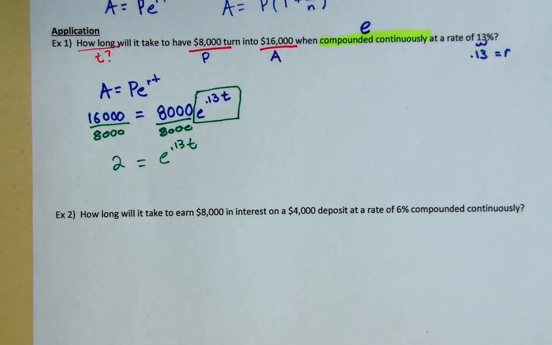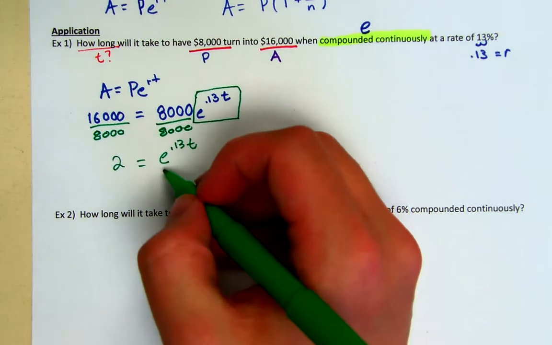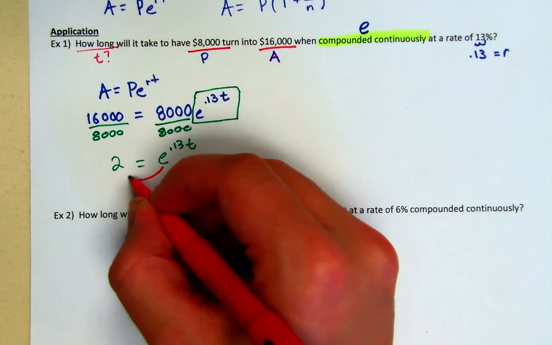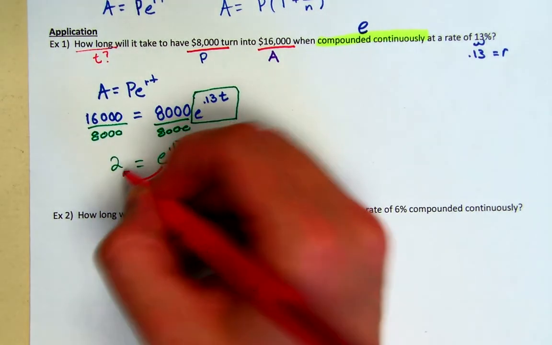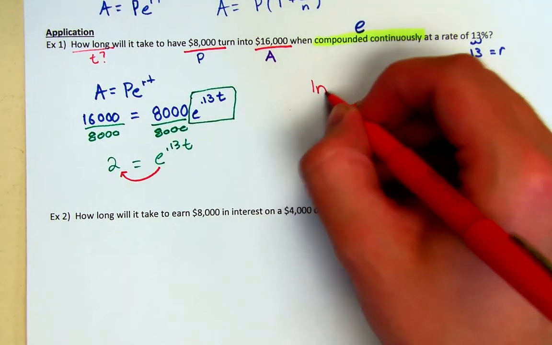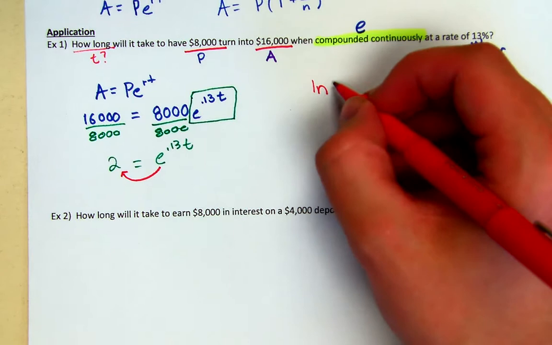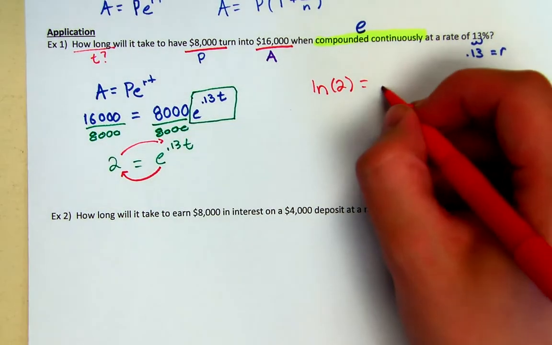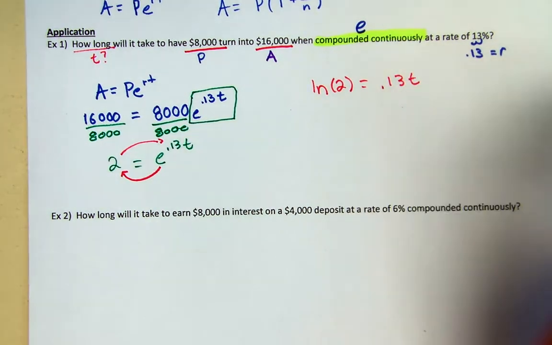Hopefully you're realizing that E is alone, that's a base. I could turn this into a logarithm. Natural log, base E, of 2 equals the exponent, 0.13t.